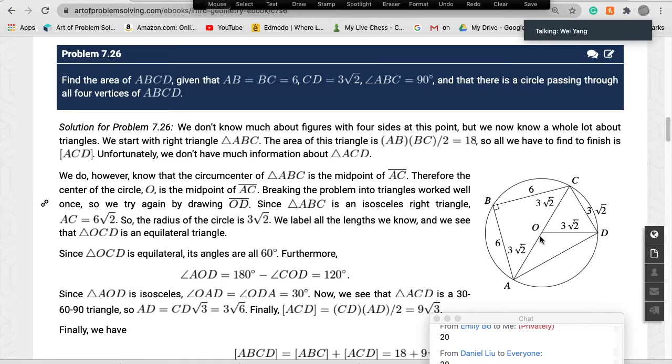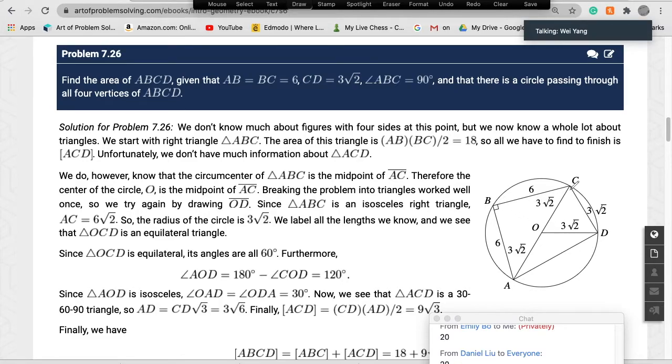The O definitely is on the hypotenuse of triangle ABC. You know why? Because this is a right angle. So in ABC, AC will be the diameter of this circle, because this angle is 90 degrees.